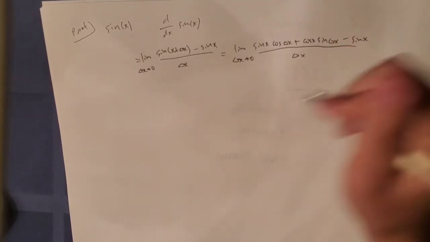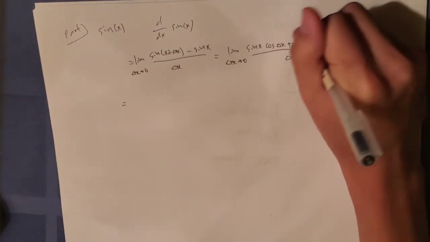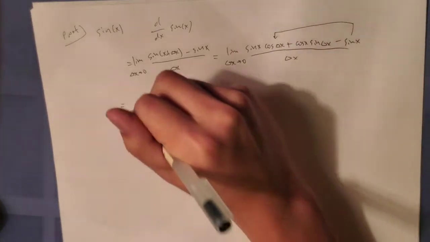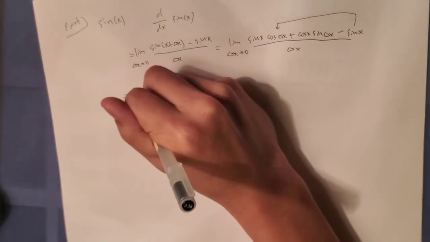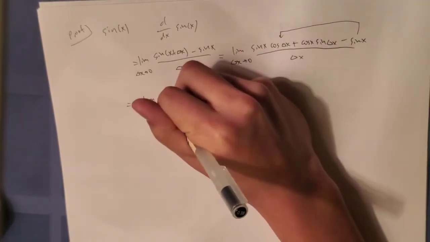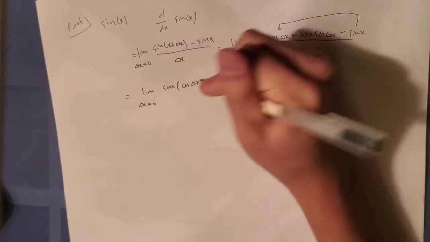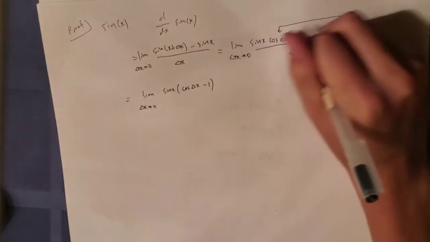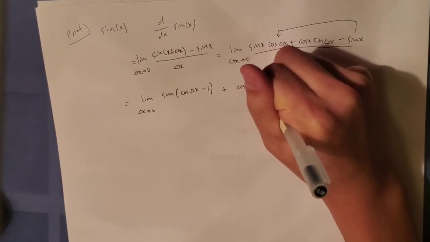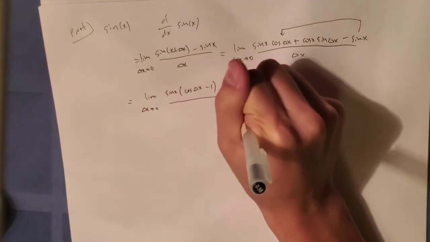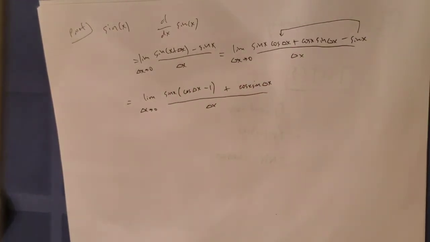Let's do this in more steps. So we can put this sine of x into here, basically like reverse distribution. The limit as delta x approaches 0 of sine of x times cosine of delta x minus 1, right? You see that? Plus cosine x sine delta x over delta x. All right.